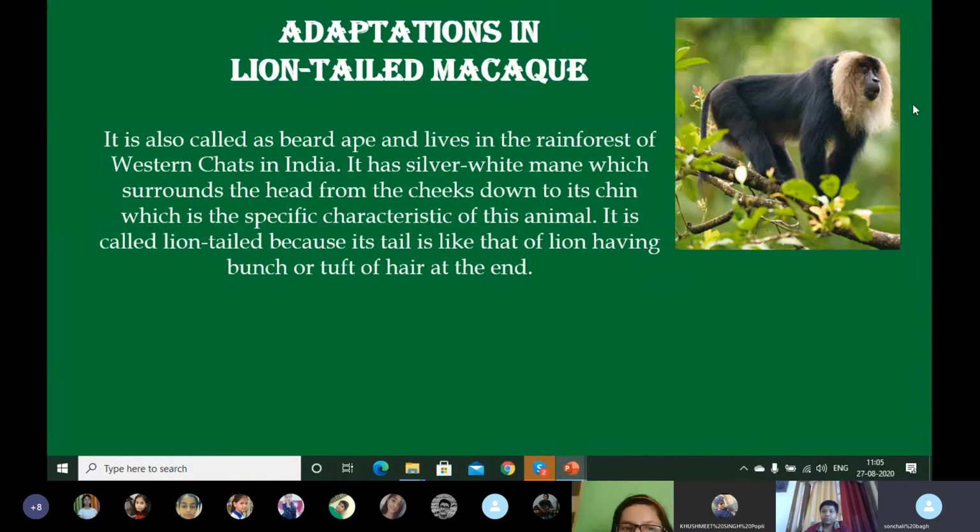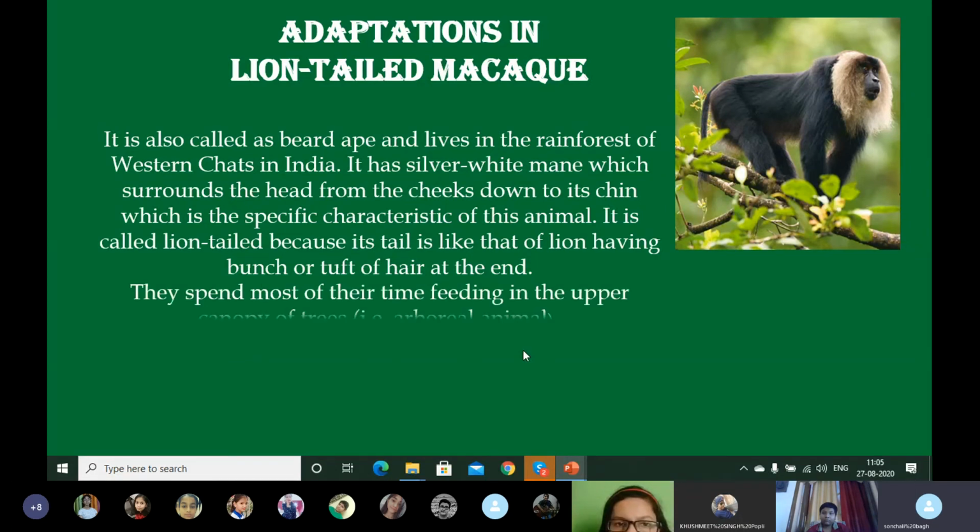You can see a beard. Normally, monkeys do not have a beard, but it has a beard. It has a lion tail. You see, a monkey's tail is like a C, but its tail is straight like a lion's, with a bunch of tuft, means a bunch of hairs at the end.